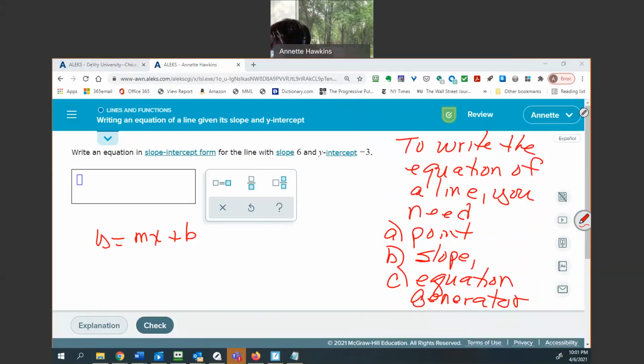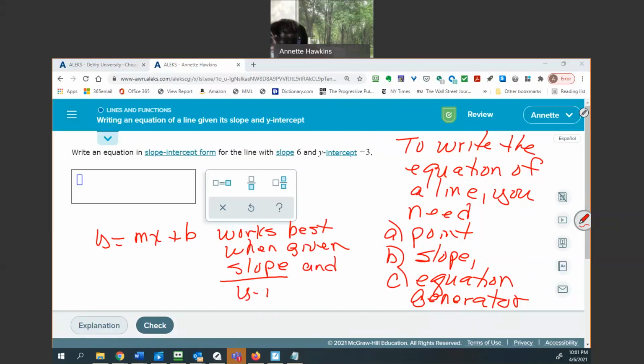The slope-intercept form works best when you're given the slope and the y-intercept.